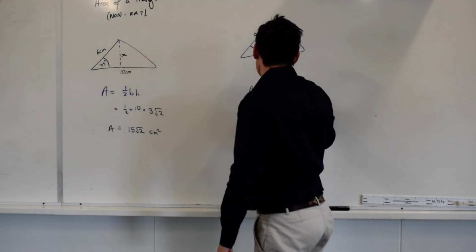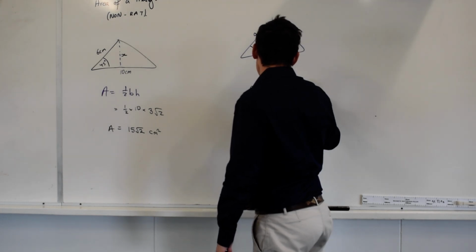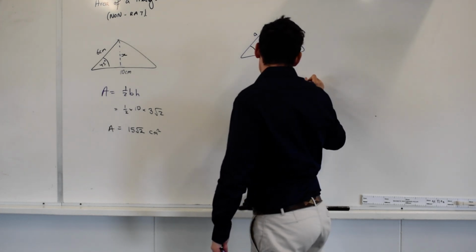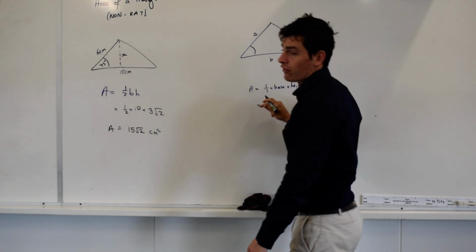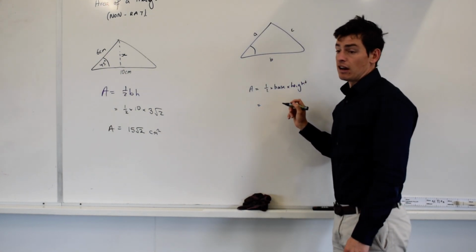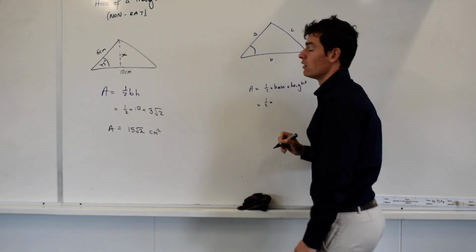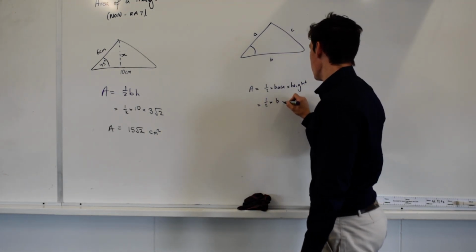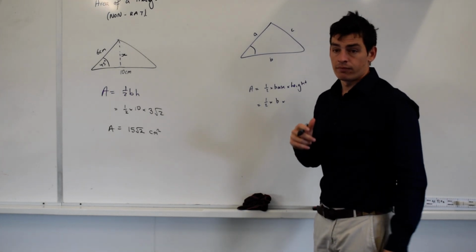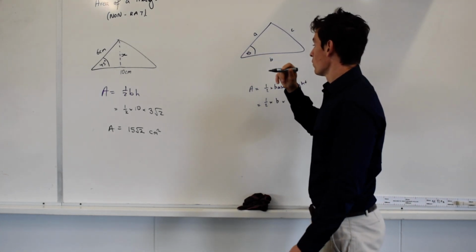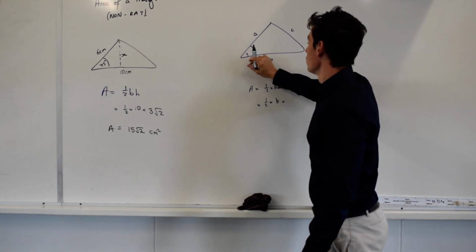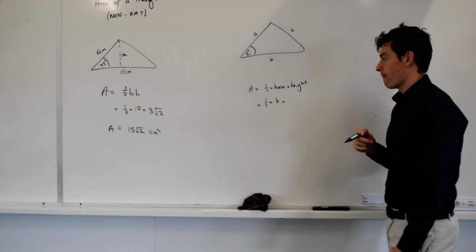Half times base times height. Does the half have to stay? Half's got to stay. What's my base? B, we'll call it B. And what's my height? Actually, I'll call that angle C, not theta.